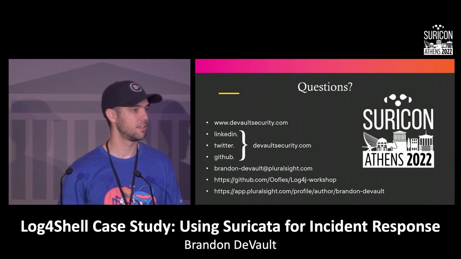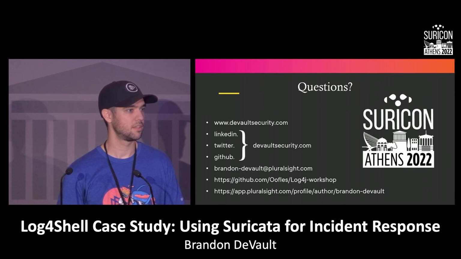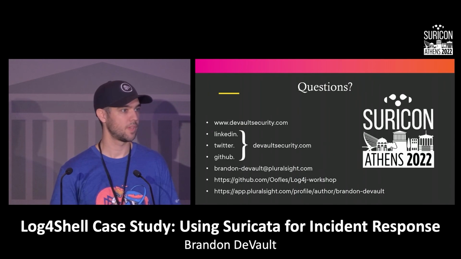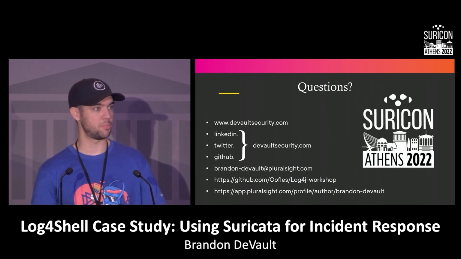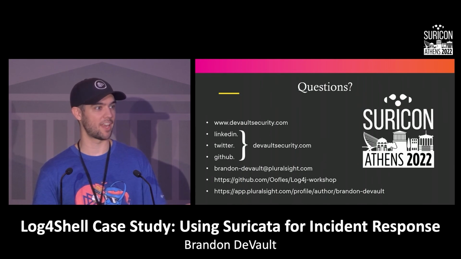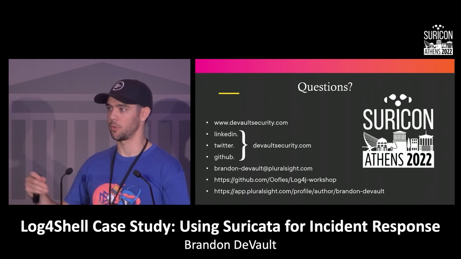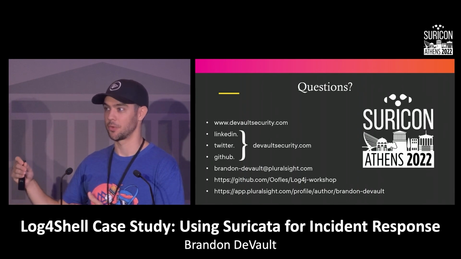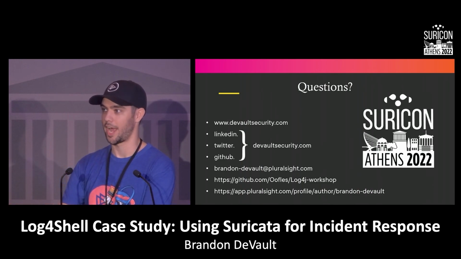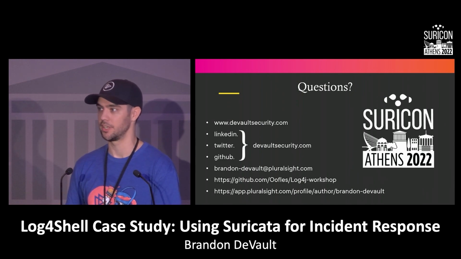I think they had released those to the public, if I remember correctly. I think that was one of those. ET's pretty good about when something big hits, not just putting them in the pro rule set, but actually giving them to everyone. Yeah, which was huge, because we didn't have pro, but we still got access to all the Log4Shell signatures. We did the same thing where we wrote, okay, any of our applications that were communicating outbound over LDAP or similar ports to alert on.